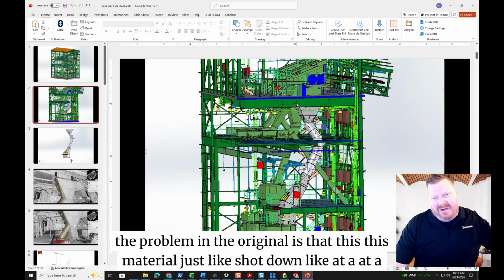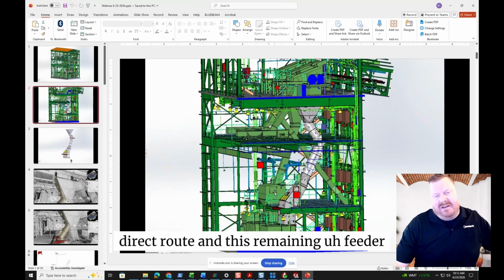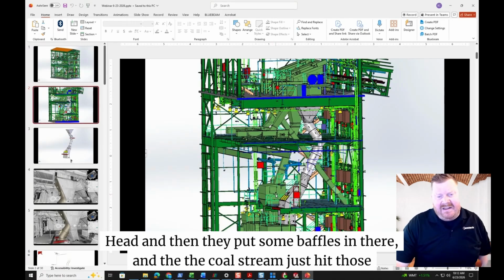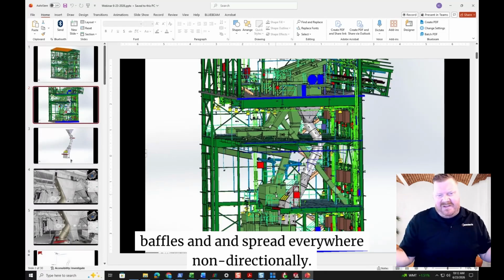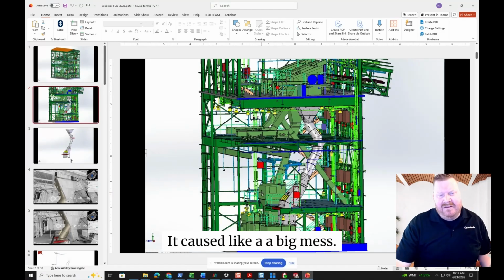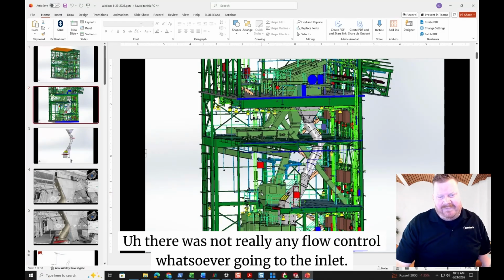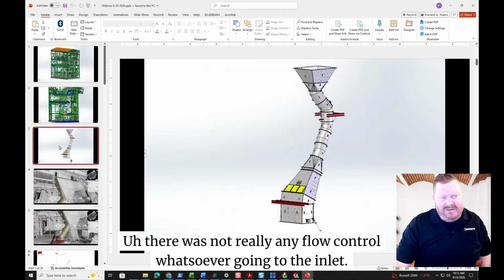The problem in the original is that this material just shot down a direct route into this remaining feeder head, and then they put some baffles in there, and the coal stream just hit those baffles and spread everywhere non-directionally. It caused a big mess. There was not really any flow control whatsoever going to the inlet.